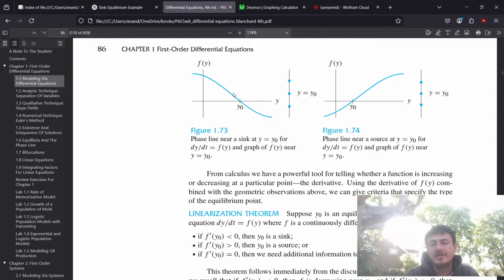So now if we drew a tangent line, the sign of this is going to tell us whether we are going to approach it or go away from it. So that's what linearization tells us.